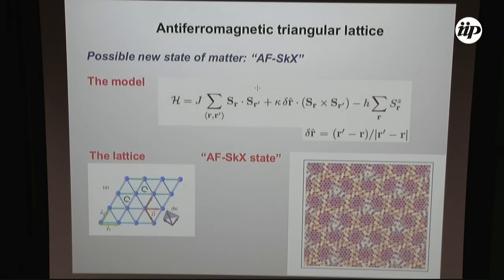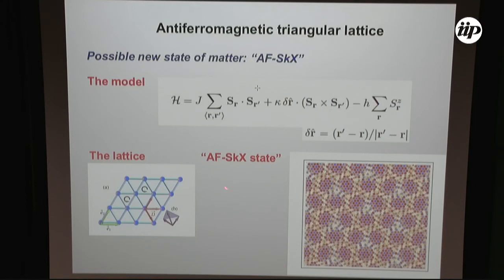And so if you put together the exchange interaction with this, you see this is pretty similar to what gave rise to skyrmion lattices in the square lattice case. I mean, in the structure there is no out-of-plane component, although it could be, but we will not change these issues here. And the magnetic field.